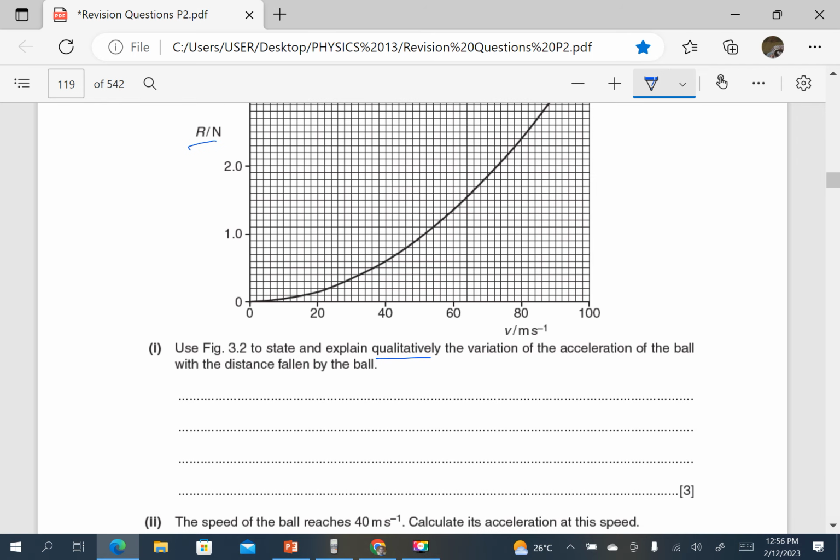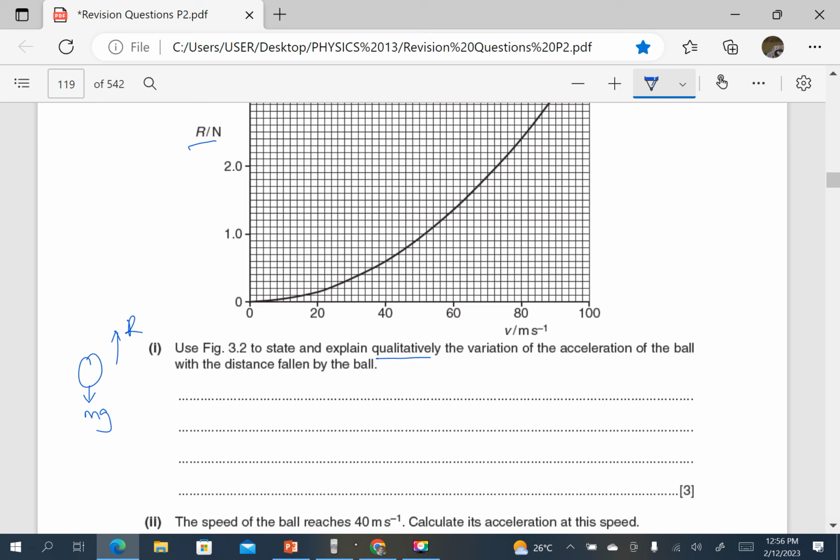If we think about the ball falling downwards, it is falling due to the weight mg. But there is a resistive force R in the opposite direction, and R increases with the speed.